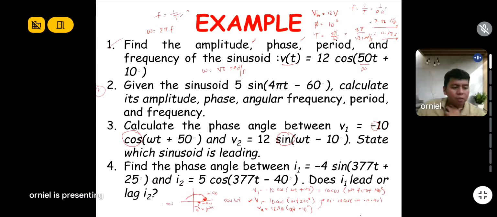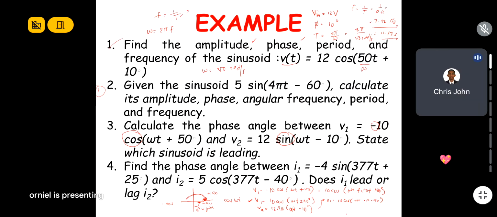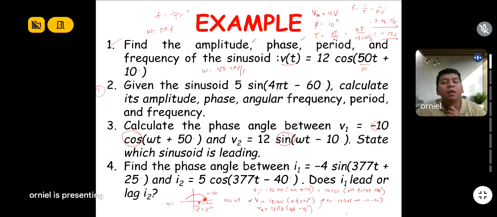Okay? Do you get how to convert from sine to cosine? Are you following? Yes, sir.